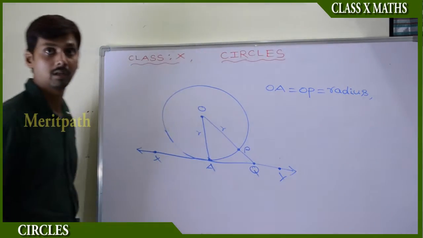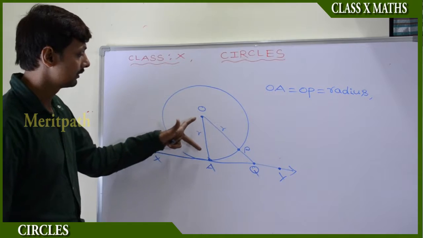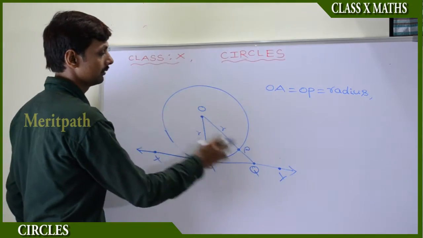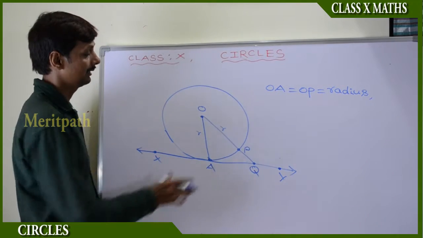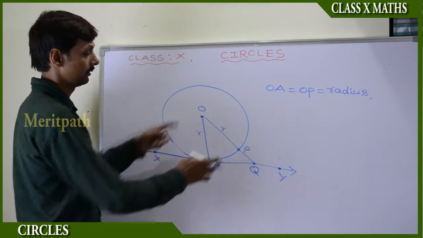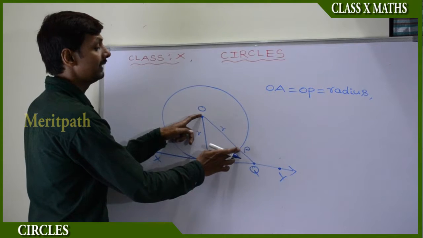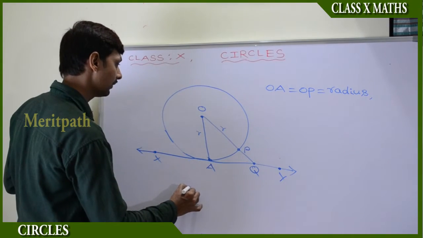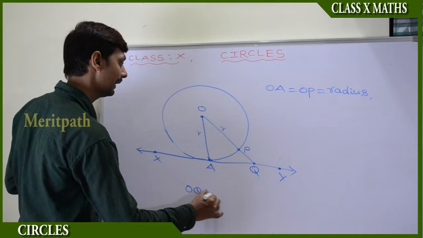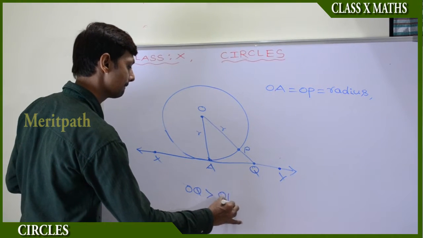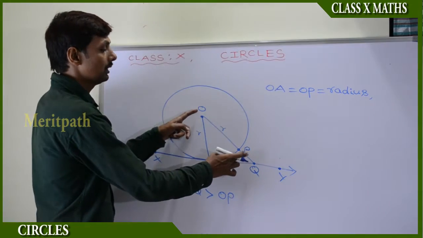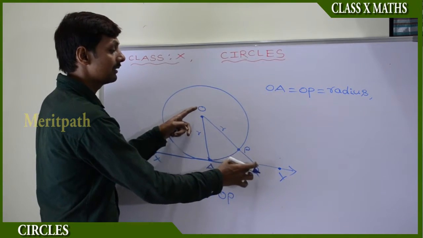So here we can observe that OA and OP are equal and OQ is greater than OP. The reason is OP is a part of OQ. So OQ is always greater than OP. Here we are observing that OP is less than OQ.